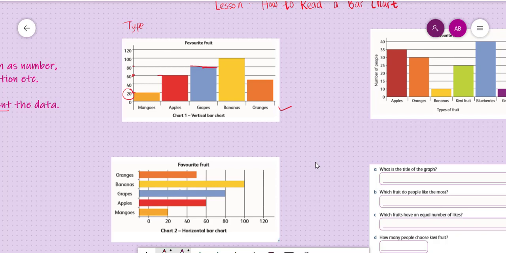It means the students that like grapes are 80, and bananas 100, and oranges. You can see this line is exactly in the half between 40 and 60. So it means there are 50 students that like the oranges.